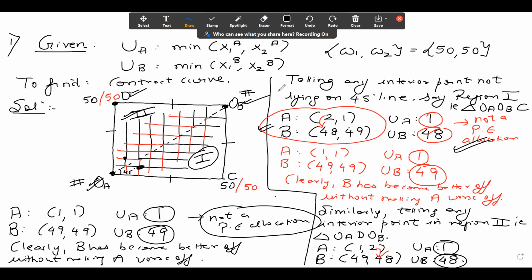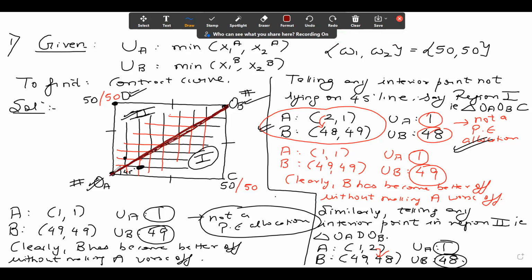So similarly, you can check, you take any corner point, you take any point on OA C, C OB, OB D and OA D. You can clearly see perfect complements anyways don't have corner solutions at all. So I can say what is my answer for this question? The only Pareto efficient contract curve is this line.